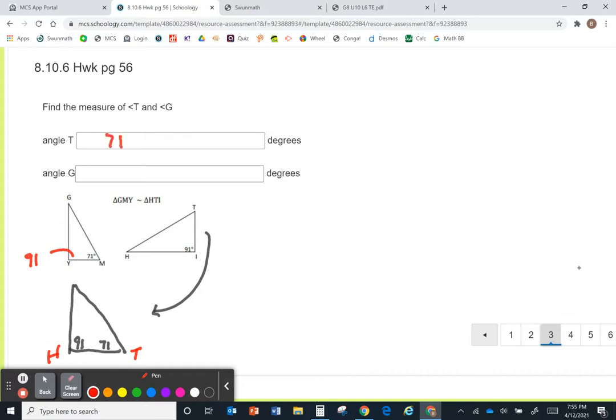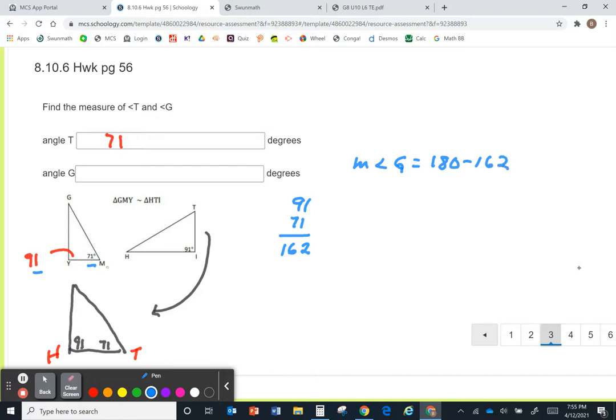So we use the triangle sum theorem. Angle G: let's add 91 and 71. That's 162. So the measure of angle G equals 180 minus 162.